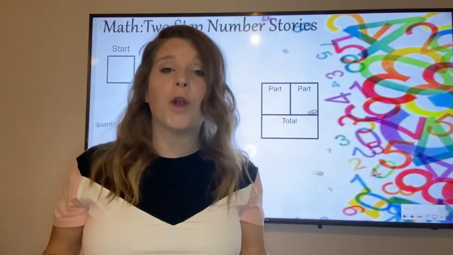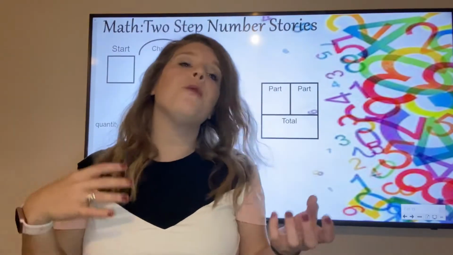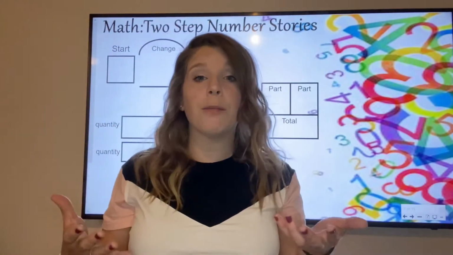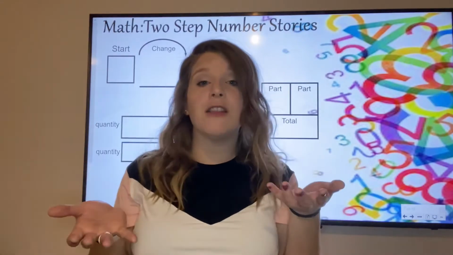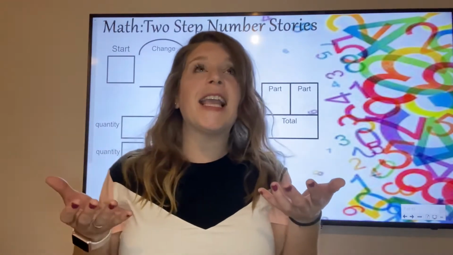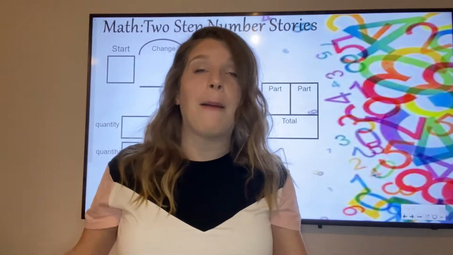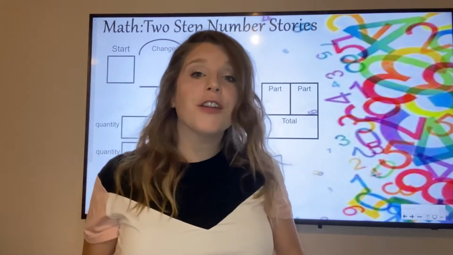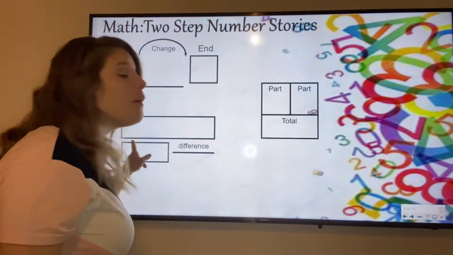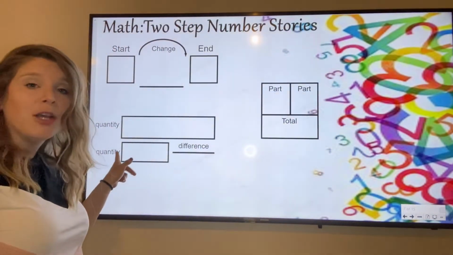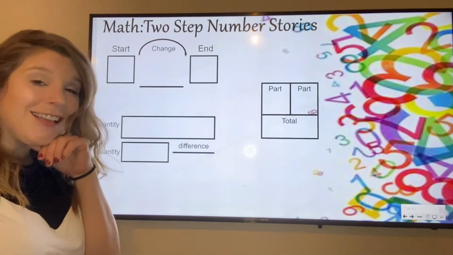If you're reading a word problem and there are two people or two different objects in the word problem, and they're saying, how many more oranges are there than apples, or how many fewer apples are there than oranges, then you're going to go ahead and use this diagram. Do you remember what that's called?